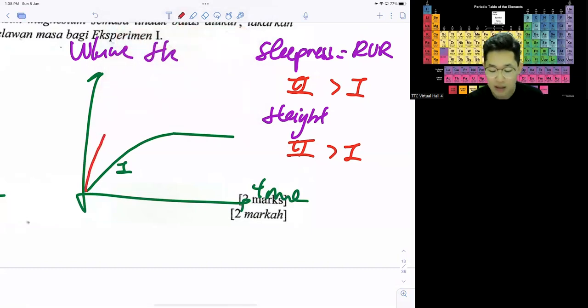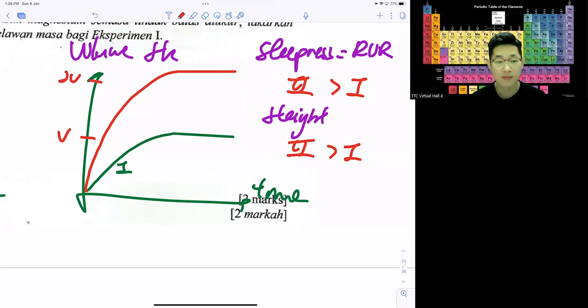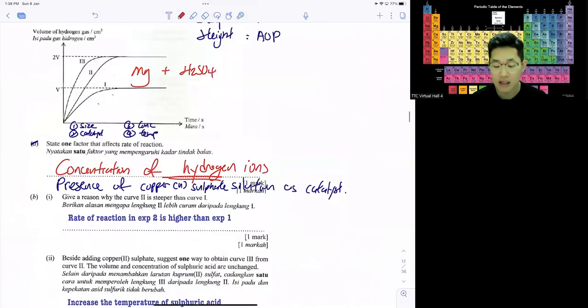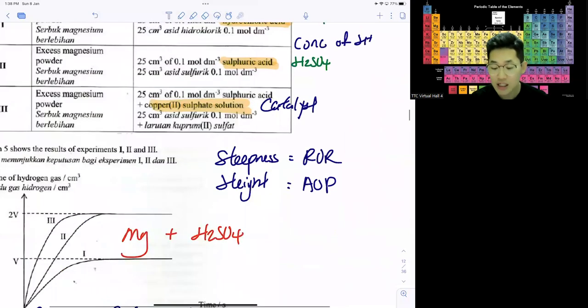Steeper means to the left, and higher. Because the difference is 2 times, this is why in the front they label V and 2V.